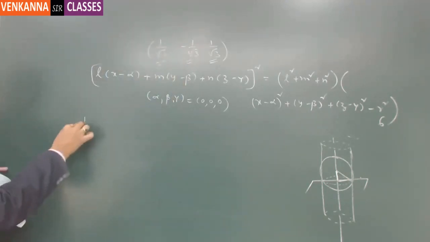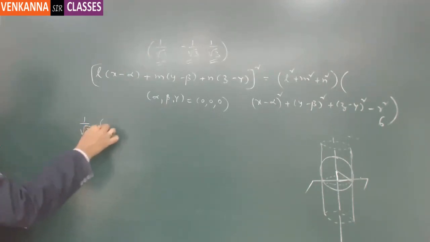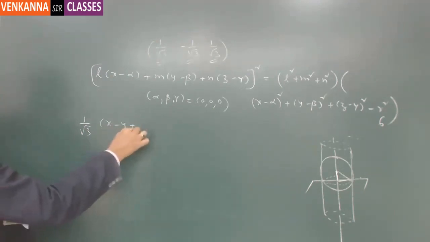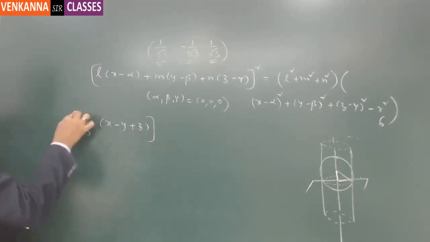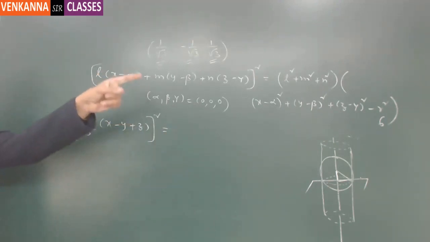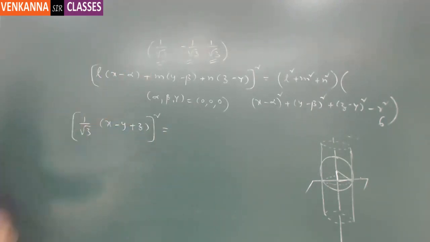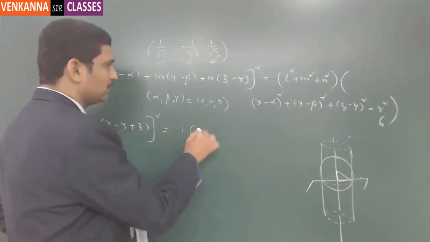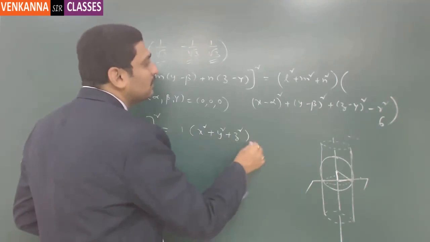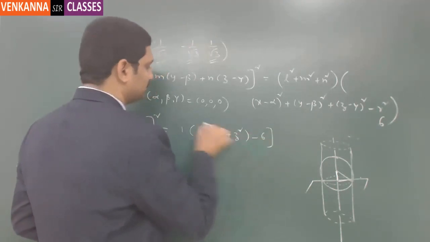So there you have, substituting the values, 1 by root 3 into x minus y plus z, this total value whole square is equal to L square plus m square plus n square, which is nothing but 1 by the DC's properties, so 1 into x square plus y square plus z square minus 6.